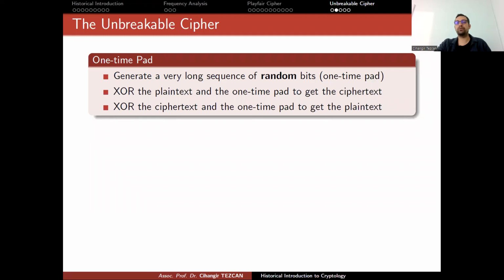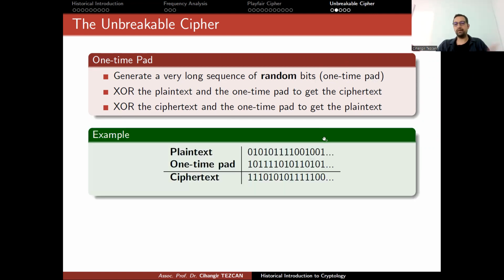So this is why it is called one-time pad, and you are going to use it only one time. So the idea is as follows. You convert your plain text into bits, and you XOR your plain text with this one-time pad to obtain the ciphertext, and you XOR the ciphertext with the one-time pad to get the plain text.